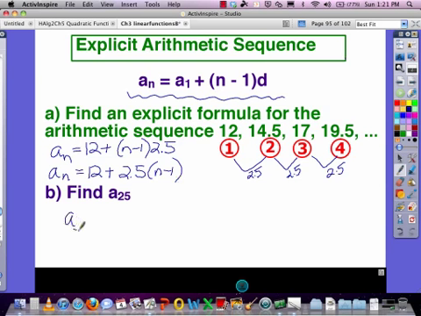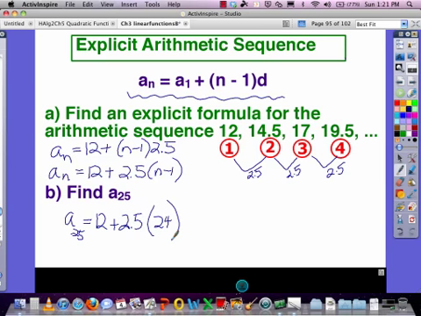So we're going to start: a sub 25 equals, what was our first term? Well, our first term was 12, plus our constant difference was 2.5, times that n value, where our n value is 25, so 25 minus 1 is 24.